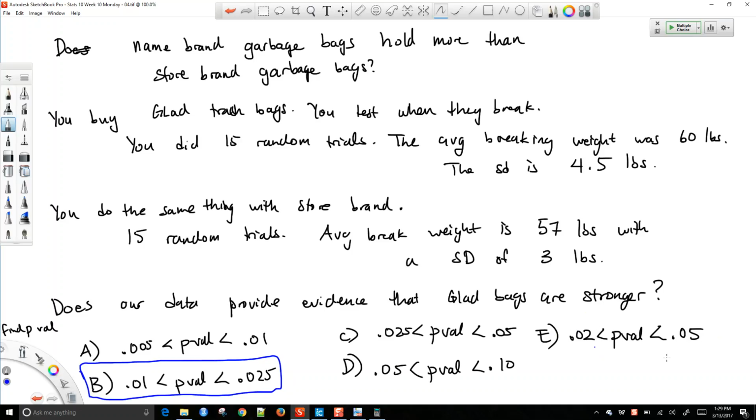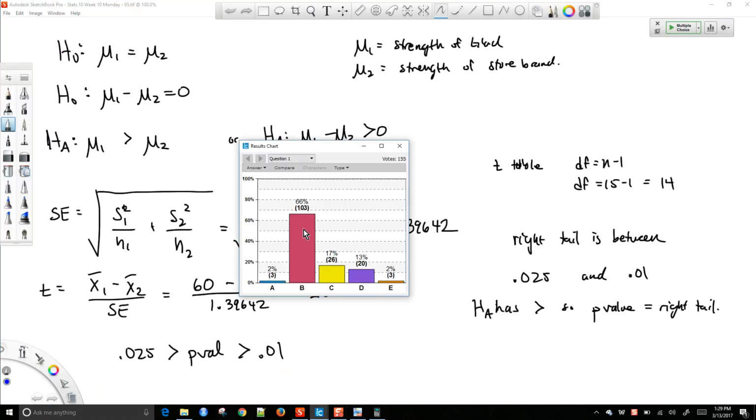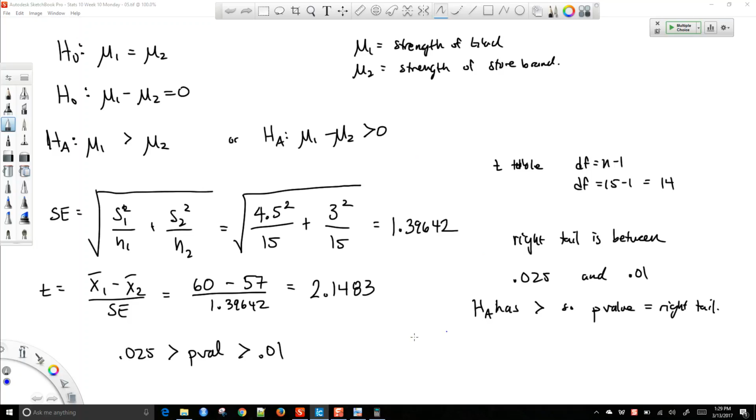If you doubled it, you would have gotten E, but we don't double our answer because the alternative has a greater than sign. So my p-value is between 1 and 2.5%.